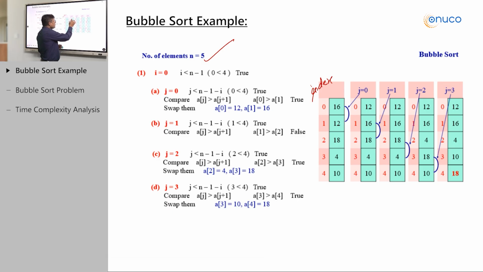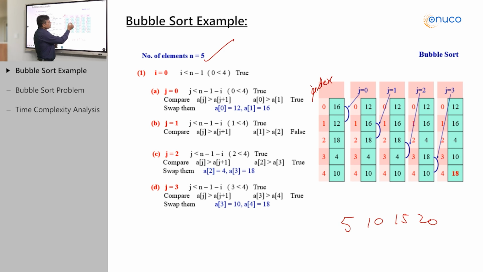So first we compare 16 and 12. The first value is greater. When writing numbers in ascending order, say 5, 10, 15, 20, we can see that the next element is greater than the previous element, right?